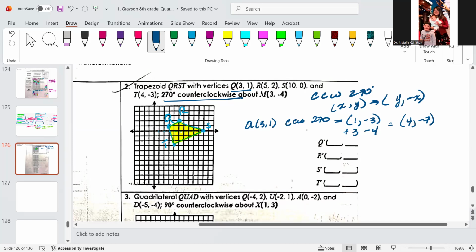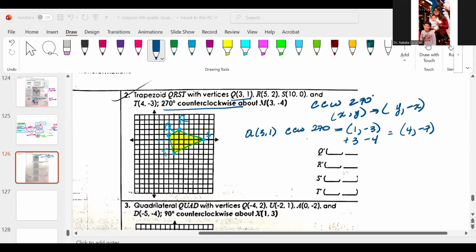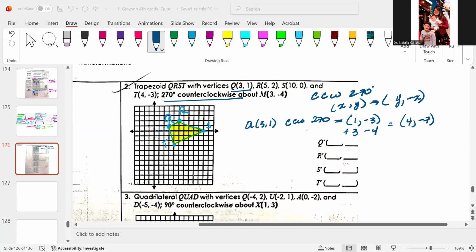Let me just check. Counterclockwise 270 for point Q. What is point Q again?